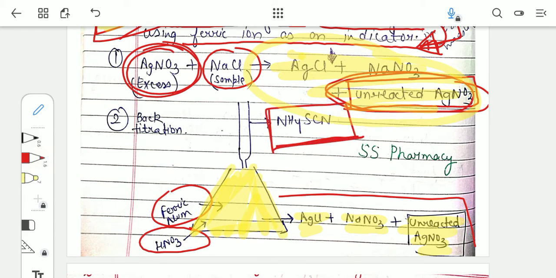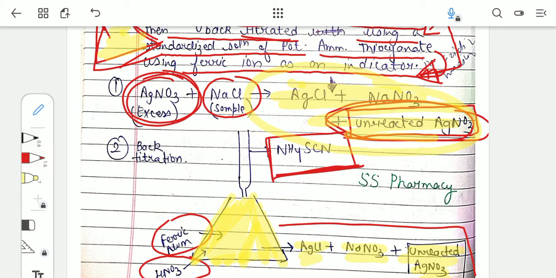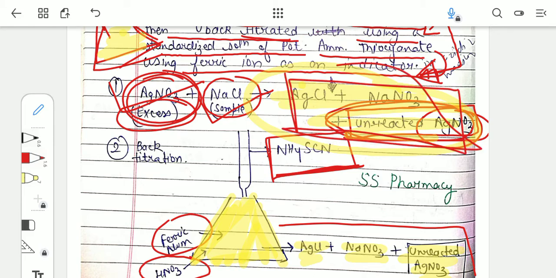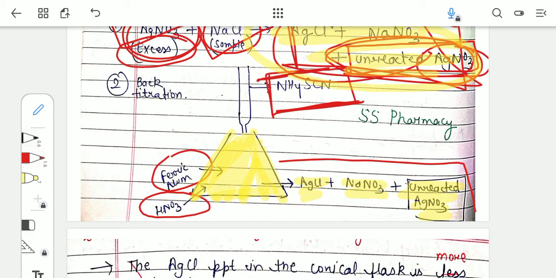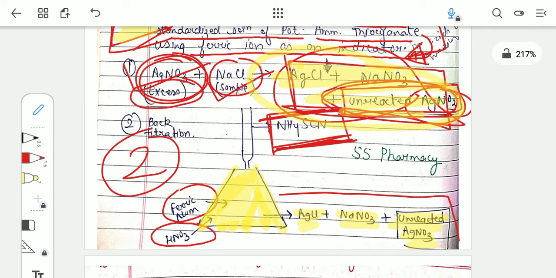This we call the modified Volhard's method. In the first step we took a sample having chloride ions and titrated it with excess of silver nitrate, and some of the silver will remain unreacted. Then the products are titrated with our titrant, potassium or ammonium thiocyanate. This is our second step. This is the modified Volhard's method.